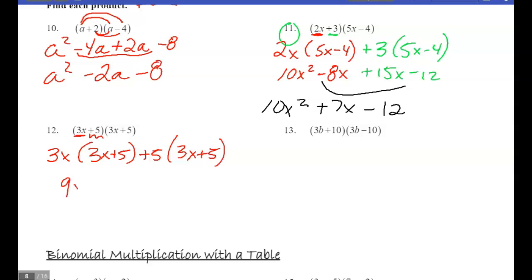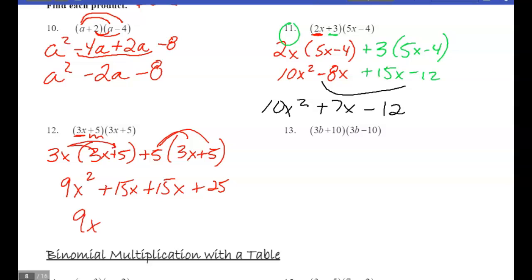Okay, so 3x times 3x is 9x squared. 3x times 5 is 15x. Well, 5 times 3x is also 15x. Notice those middle terms match. Whenever you have something like this where they're identical, your middle terms end up matching. And my 5 times 5 is 25. So I'm just distributing in here if you're not following that.